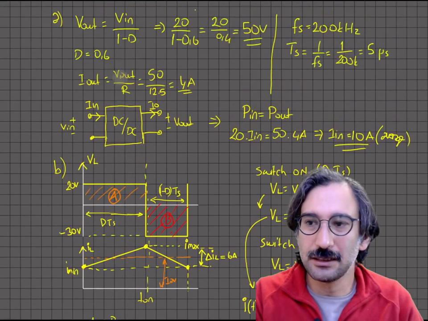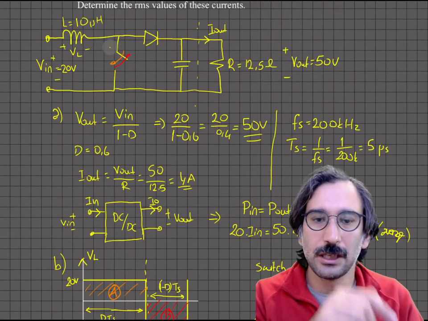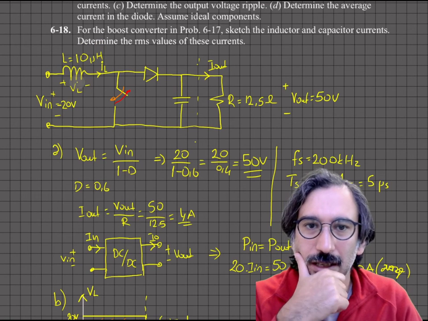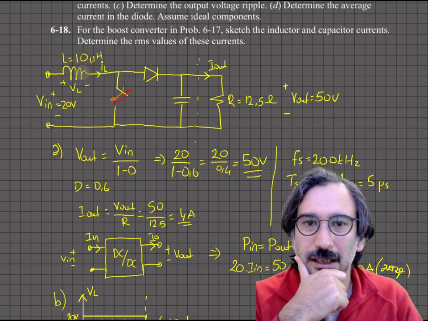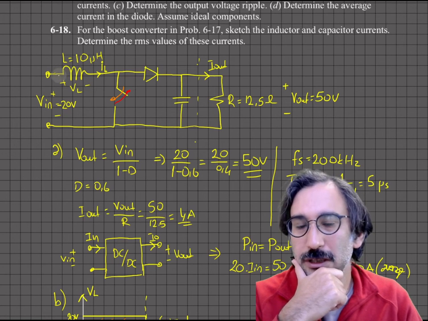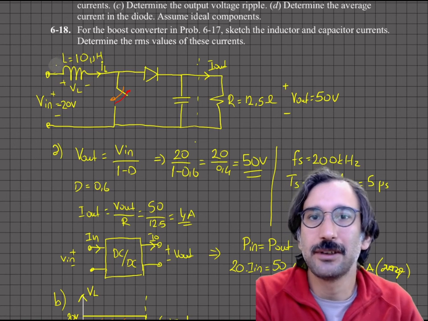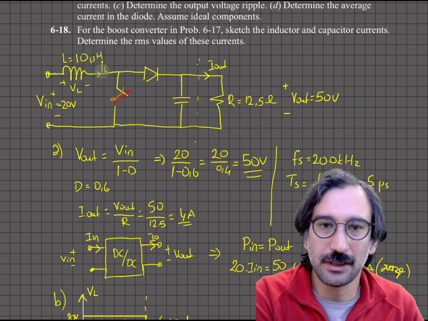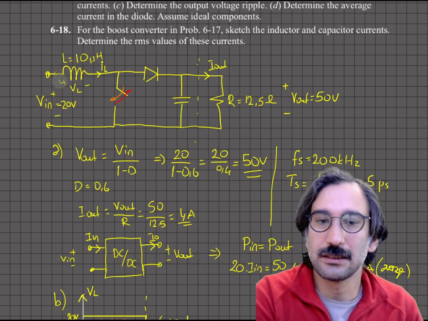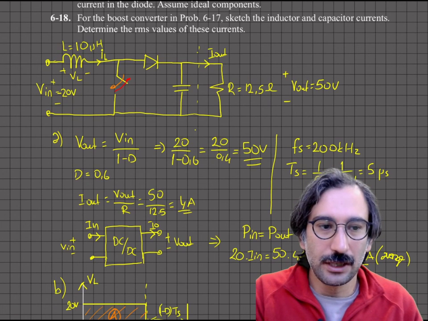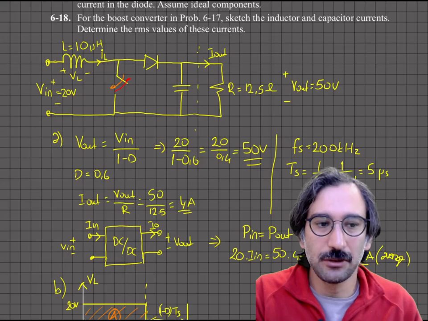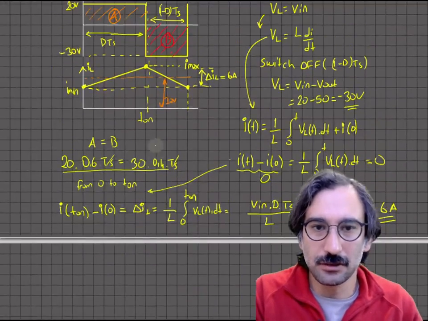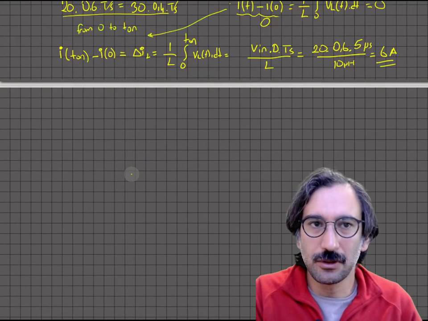It's not like that in the buck converter, but it is here. If this is I L, I can say the inductor current is equal to the input current, because there's no other way for input current to flow. So when the inductor current is 5 amps, the source current is again 5 amps. We already calculated the average value of our input current, so that is equal to the inductor current.